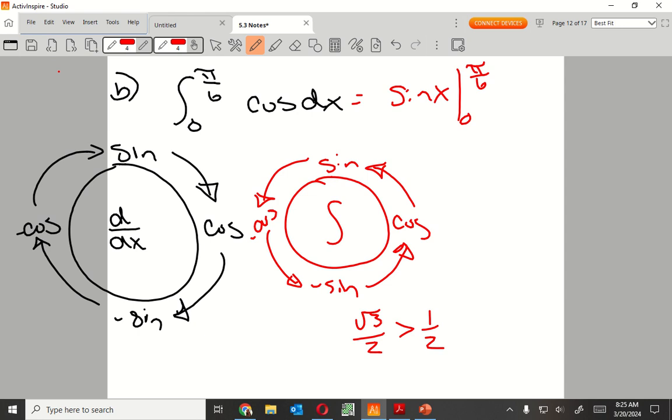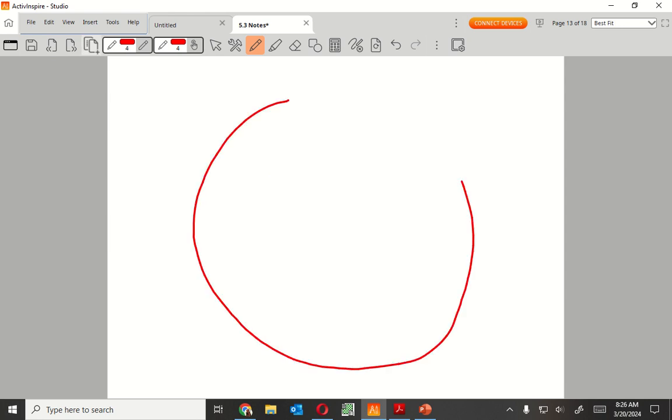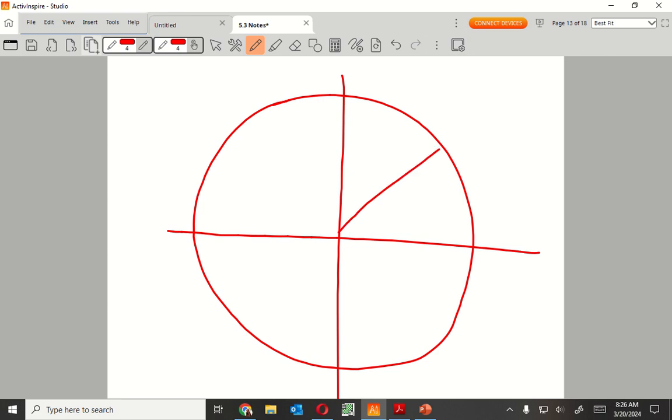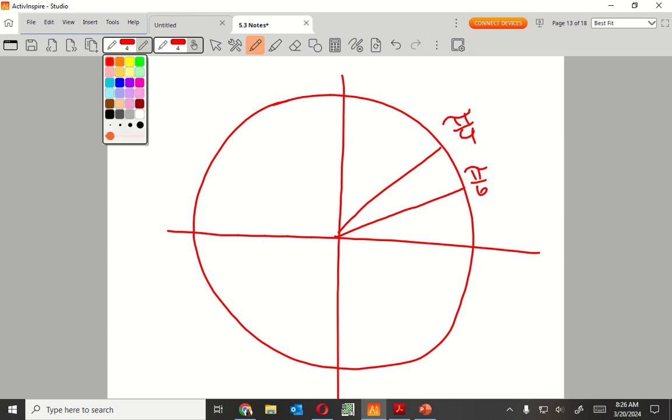Yes, no, maybe? You got me lost at the part where you said it's greater than 1/2, even though I'm still trying to comprehend it. Yeah, that's fine. Pi over 6. So when you imagine these, this is my y value, right?